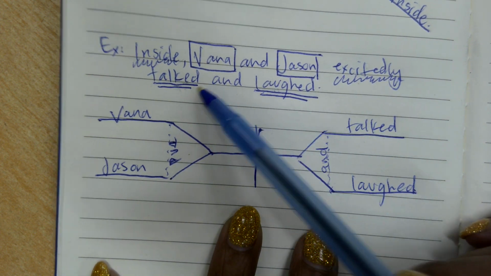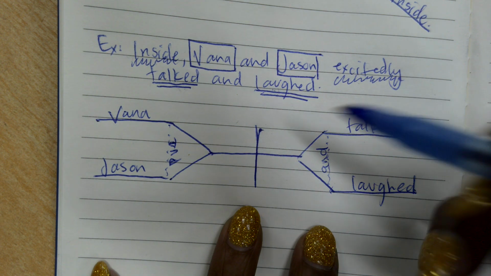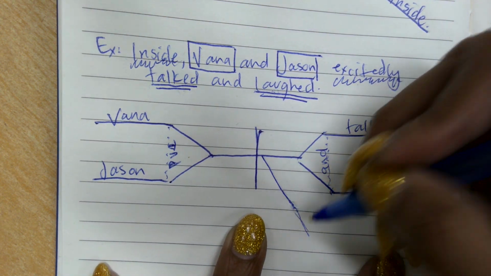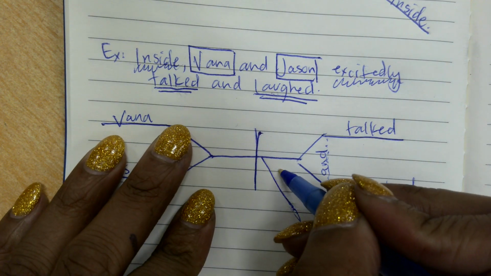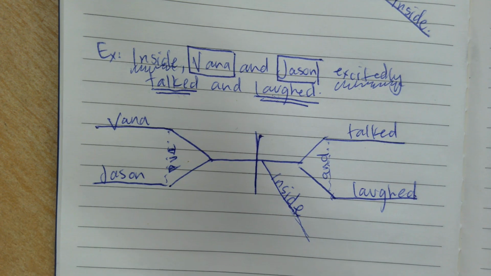So in this case, we want to add our modifiers directly onto the baseline. So first, we'll put inside. And then we'll put excitedly.